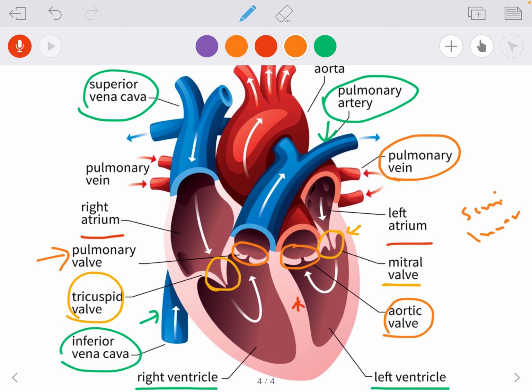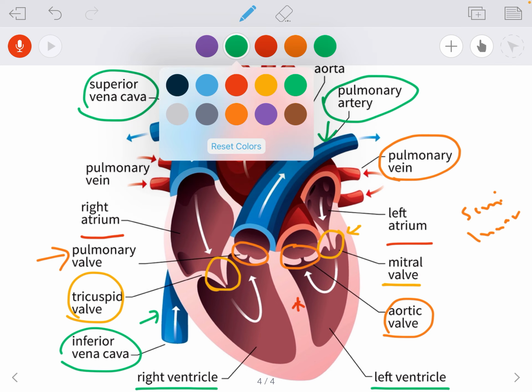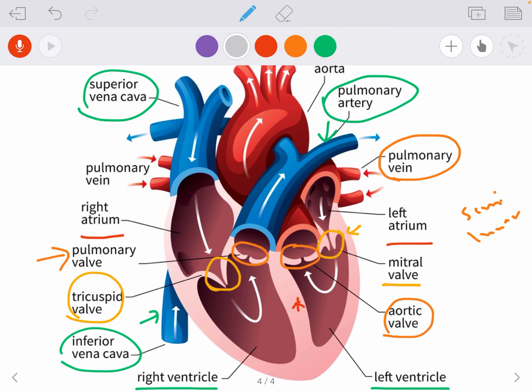So it comes from the lungs, that's why it's oxygenated. And also there is another vessel called aorta, the largest one. Let me point it. I want to use a different color. This one, see? This one is the aorta because it's the largest artery. It carries oxygenated blood that's pumped from the left ventricle to all body parts.